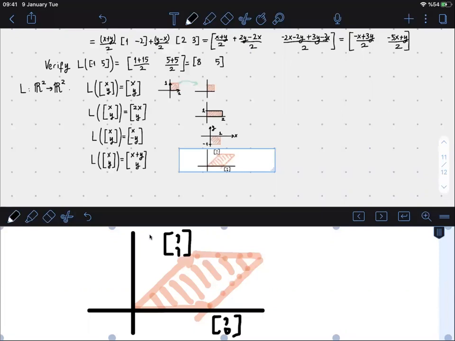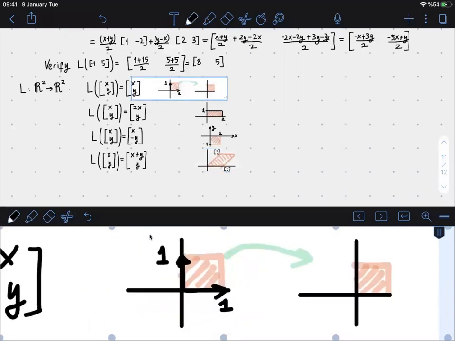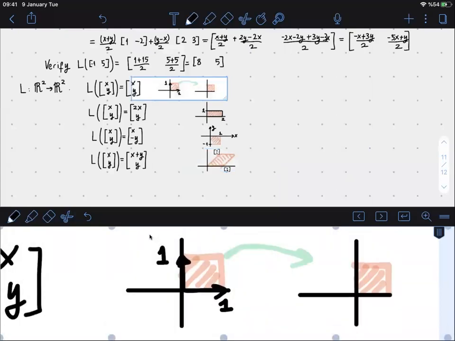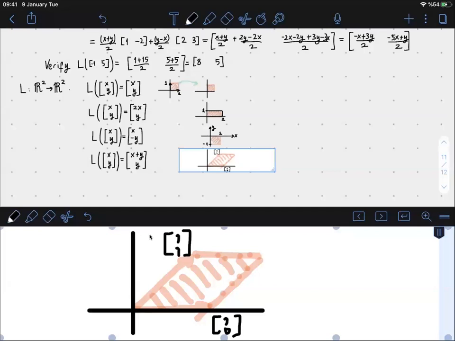Okay, so it's taking these two vectors here, 1 0 and 0 1, into these vectors. So the image of the square is transformed to a parallelogram in R2.